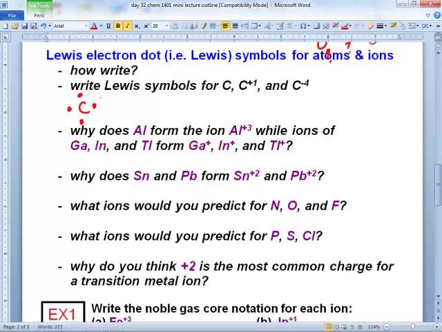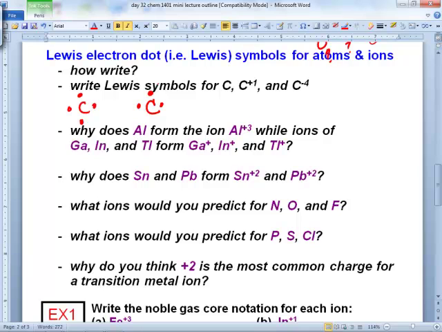How about C plus 1? I'll help you out. I'll put the C. How many dots? That's the question. Is there going to be 5 or is there going to be 3? It's 3 because you don't have enough. It's a positive charge. They ripped 1 off. So you put 3. Separate it out.